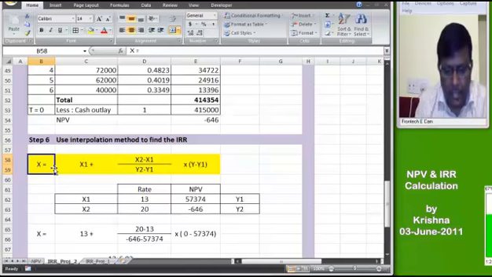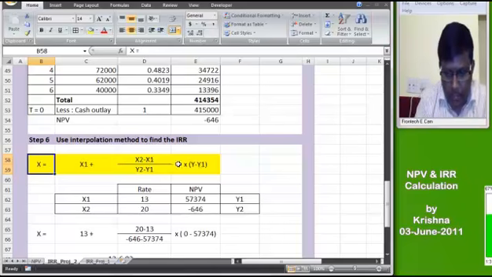X2 is the highest discounting rate, that is 20%. Y1 is the net present value we found for X1. Y2 is the net present value we found for X2.